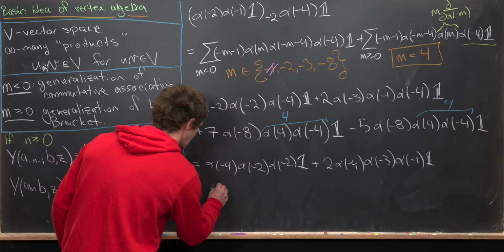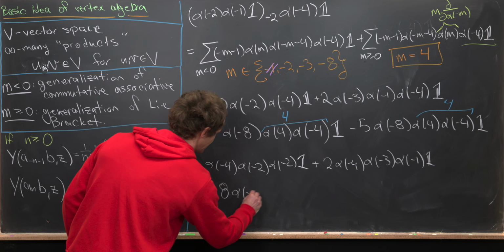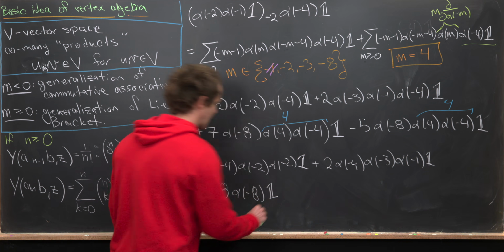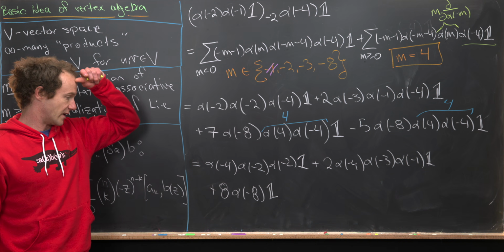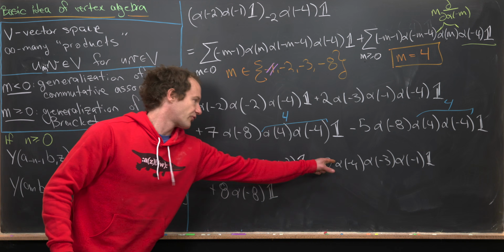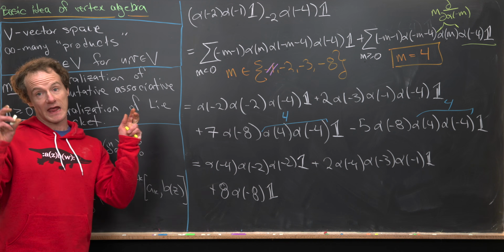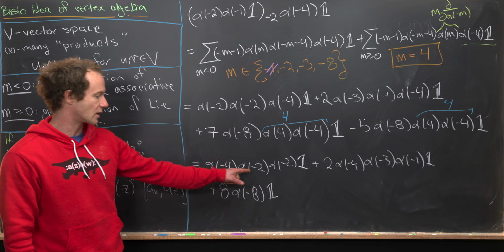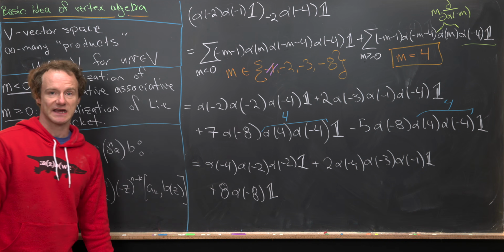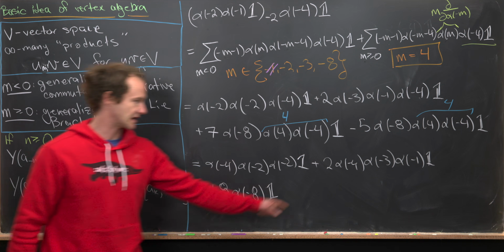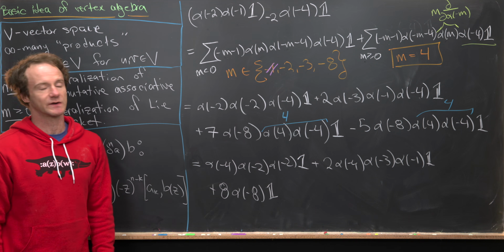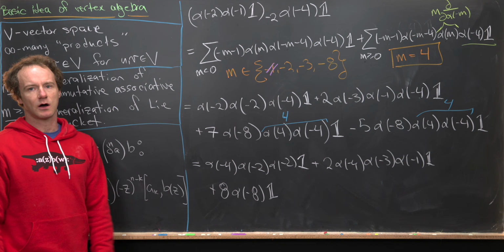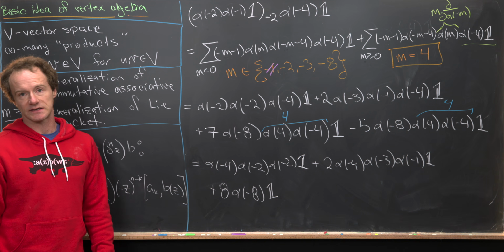So that'll leave us with a plus 8, alpha -8 on the vacuum. So notice what we ended up with is these three terms, and the index sum of all of these terms is equal to -8. Notice that -4 minus 2 minus 2 is -8. -8 is obviously -8. And then if you sum those, you also get -8. So this is all occurring at a weight of 8.